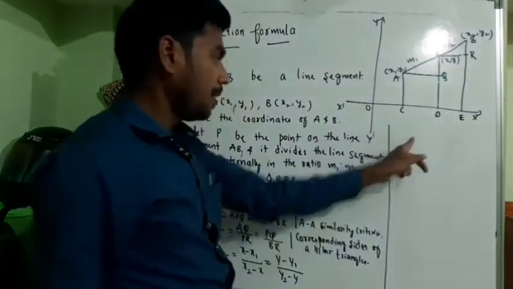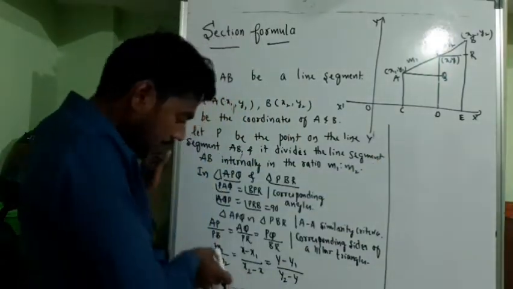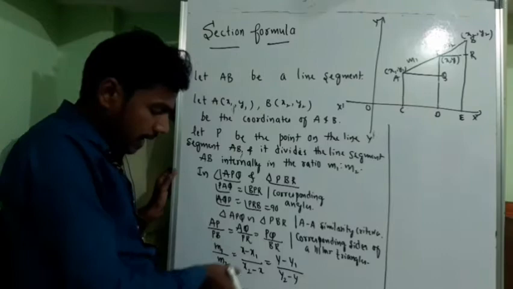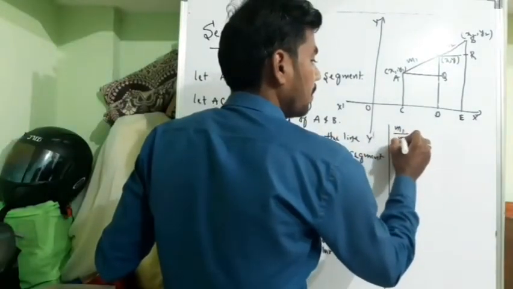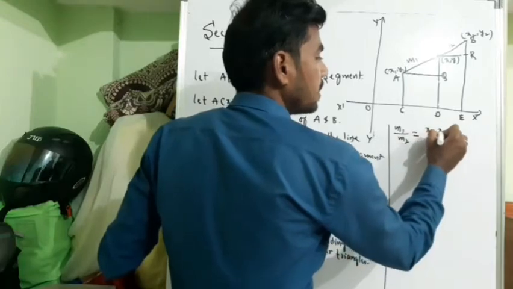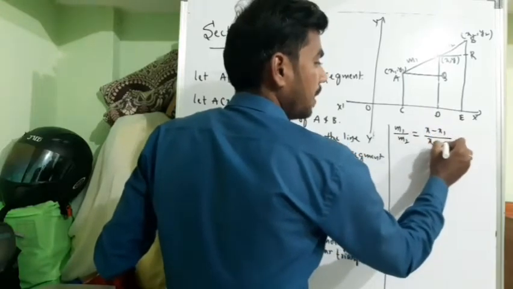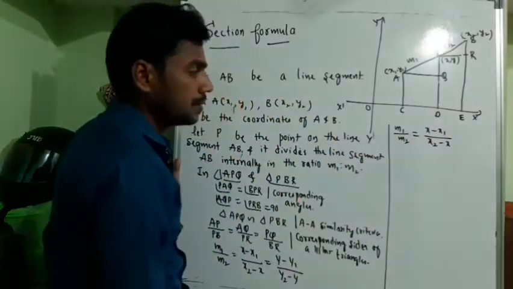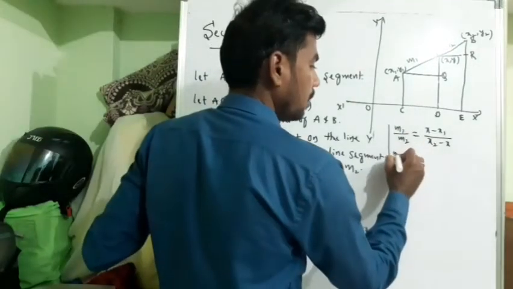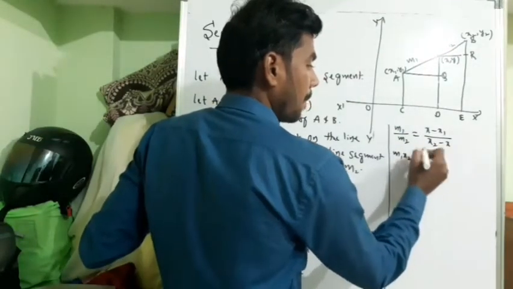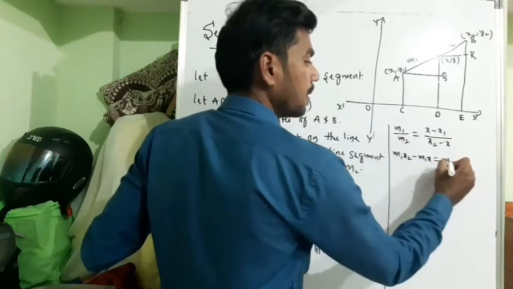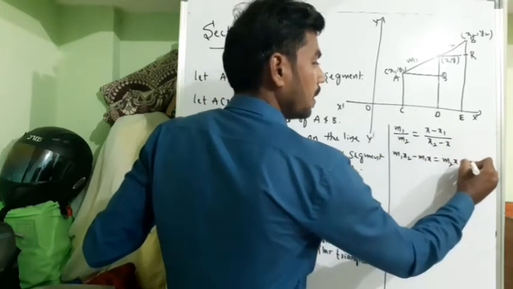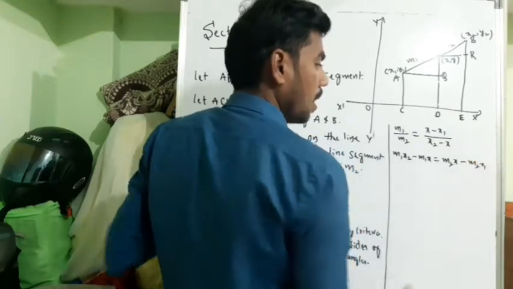So I'll continue here. I'll consider m1 by m2 is equal to x minus x1. This relation I'll continue: m1 by m2 is equal to x minus x1 divided by x2 minus x. So cross multiplication: m1 into x2 minus m1 into x, m2 into x minus m2 into x1.